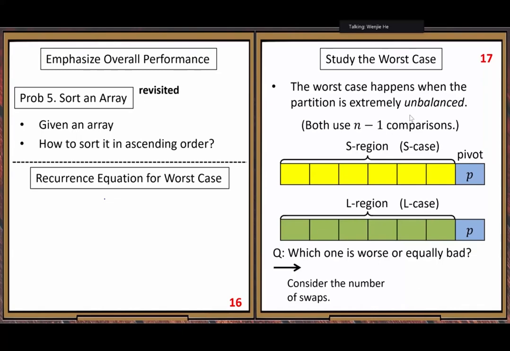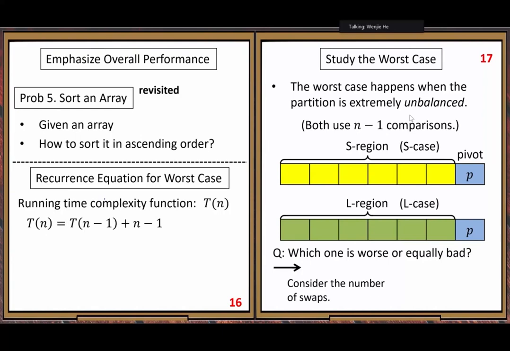Recurrence equation for the worst case. Now, we need to look at how slow the worst case is. So we need to look at the recurrence relation, the running time complexity function. With the T function representing the total number of comparisons for the whole array, T of n equals T of n minus 1 plus n minus 1. In the divide step, we need to use n minus 1 comparisons.